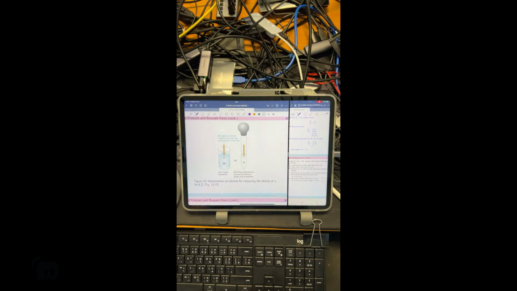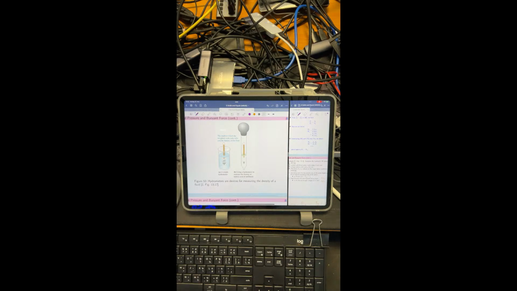There is a big area here, and you leave the liquid, like a special liquid, and you have the scale here, but this device should be calibrated beforehand at the factory. The depth to which the weighted scale sinks tells you the density of the fluid.